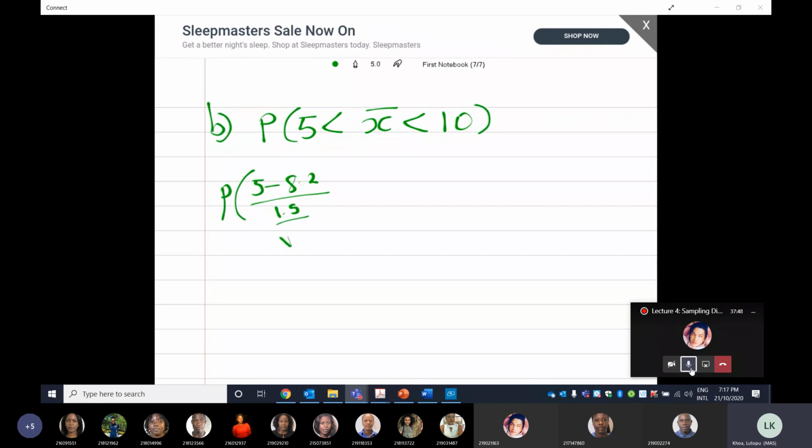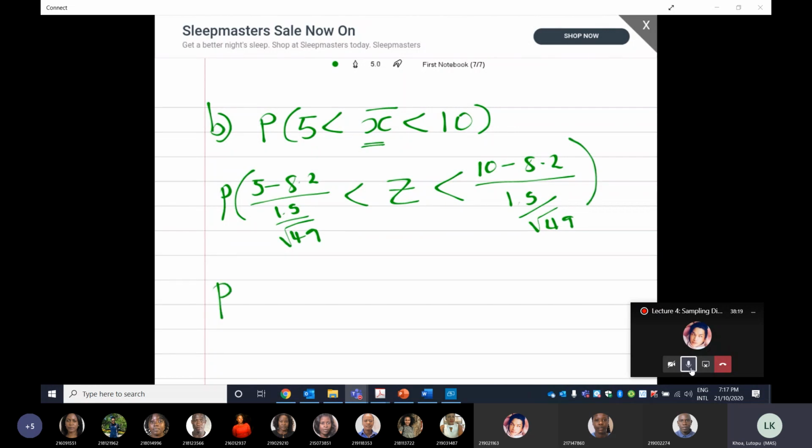And then this is divided by the square root of 49. Then when we standardize x bar over here, we will get z. And then on the right, we will do the same thing. We say 10 minus 8.2 over sigma. This is 1.5. And then we divide this by the square root of 49.